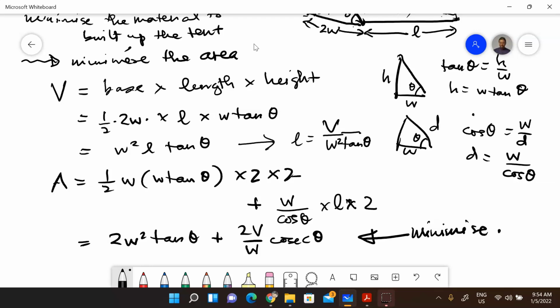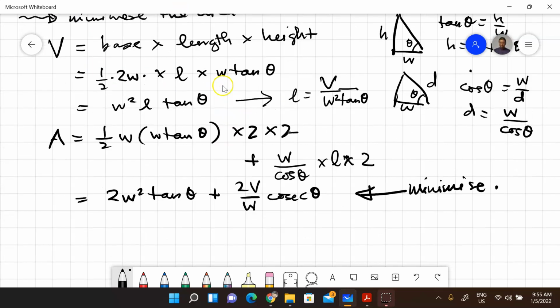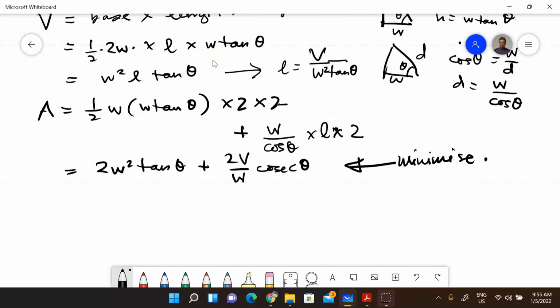Can we finish it? Okay, maybe let's just finish it. So what do we do? We take the derivative. Okay, so what are the variables here? The variables are your w and then your theta. V is kept fixed, remember, V is given by that.